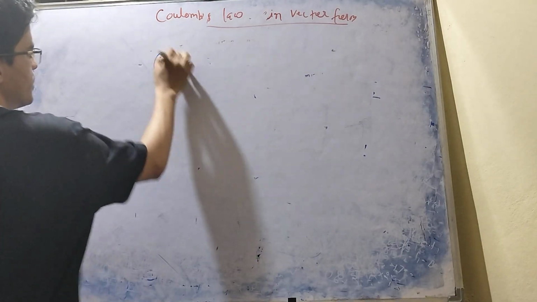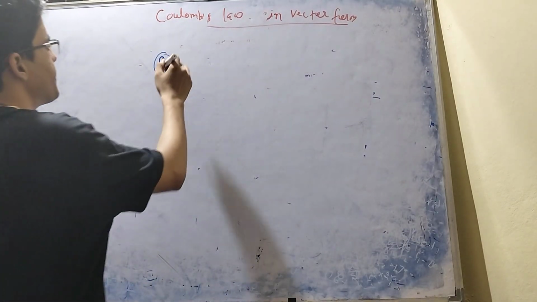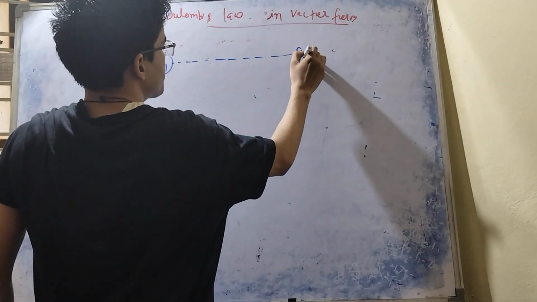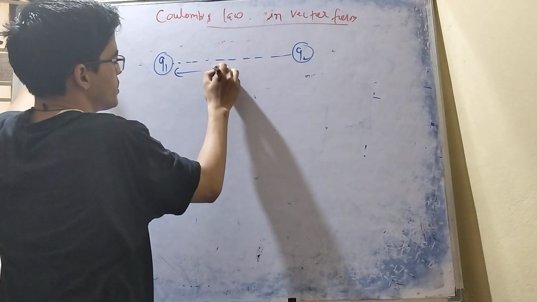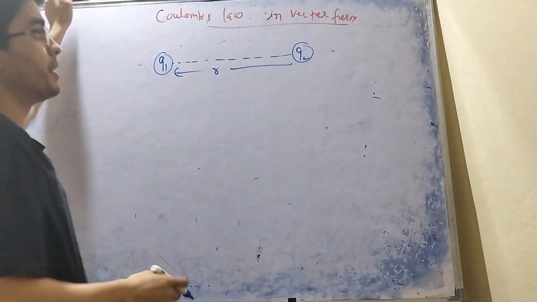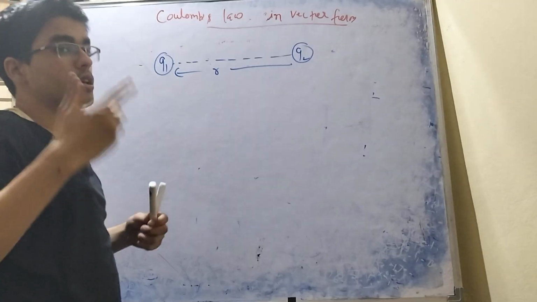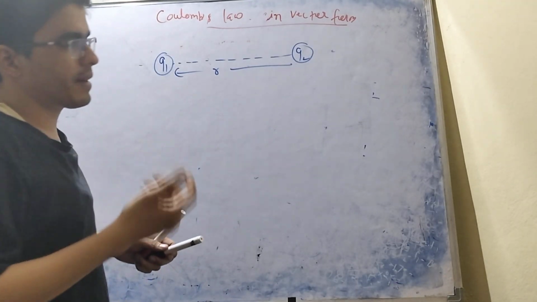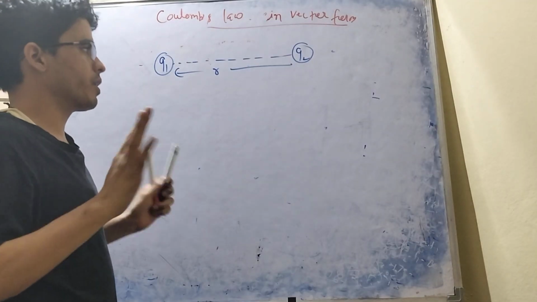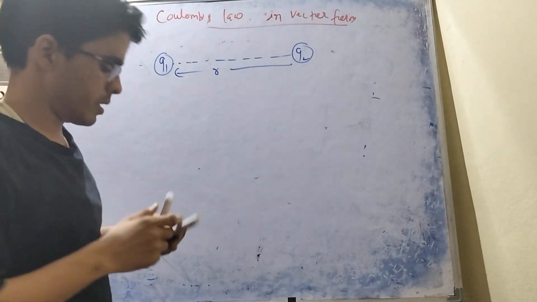Suppose we have this charge Q1 and this charge Q2, correct? Assume the distance between both the charges is r. Tell me, will electrostatic force exist here or not? Yes, it will exist here. Why? Because both charges are present. Whether attractive or repulsive, that is another thing. But here electrostatic force will exist, correct?